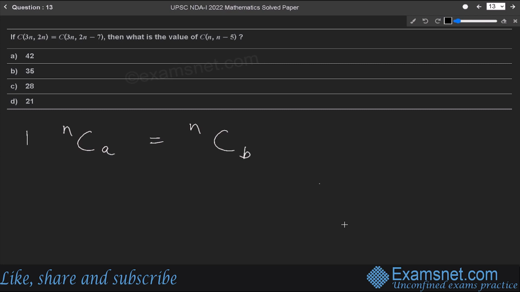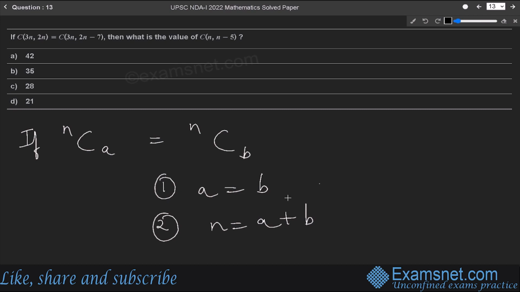If we find that nCa is equal to nCb, then there are two possible cases. First case is a is equal to b, and second case is n is equal to a + b.